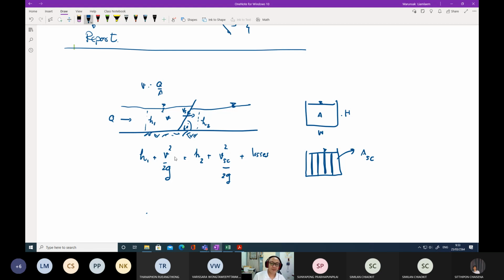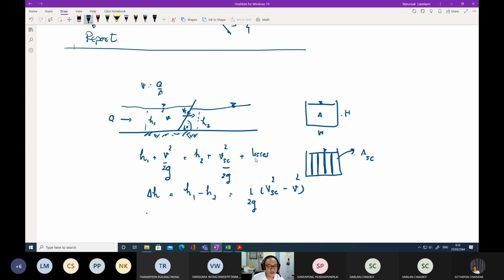Okay, so this is the Bernoulli equation. The water level difference, which is equal to H1 minus H2, will be equal to 1 divided by 2g times the velocity through the screen squared minus the approach velocity squared.